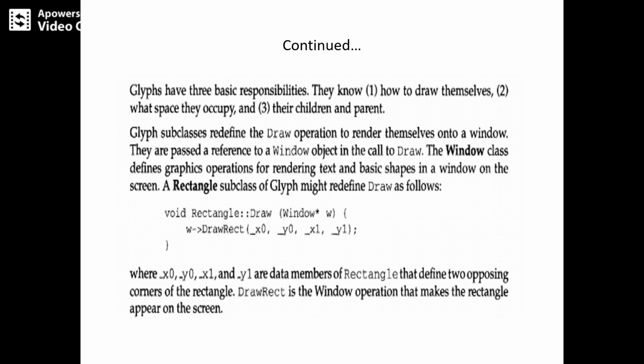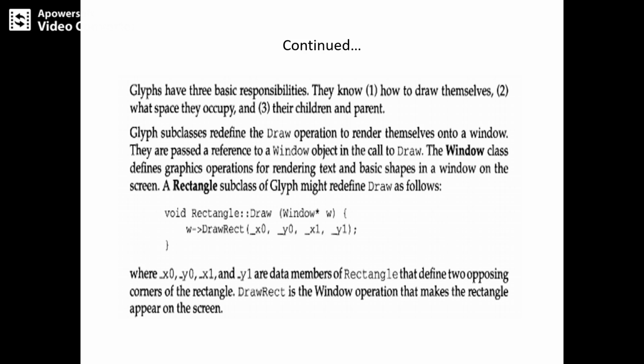Like that, here is an example: a rectangle subclass, a glyph might redefine draw as follows. Return type void, Rectangle draw, Window. The object here we have taken is small w. So how can we take the different coordinates? The different coordinates here are x0, y0, x1, y1.